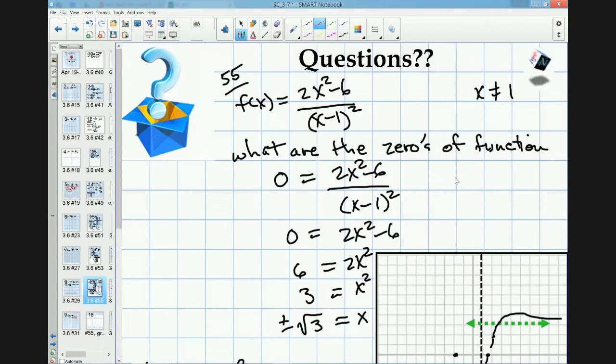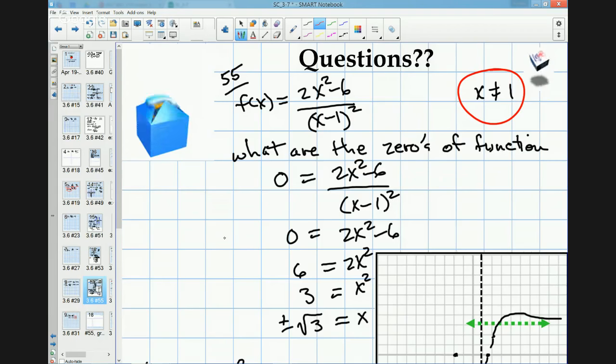So do you guys get why I wrote this? Domain issues, right? Because if x was 1, you'd have a 0 in the denominator. So x simply can't be 1. Okay. All right. So what are the zeros of the function?